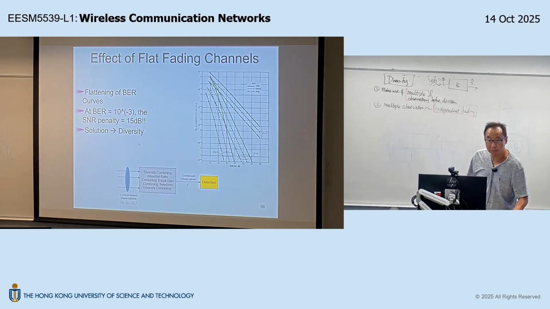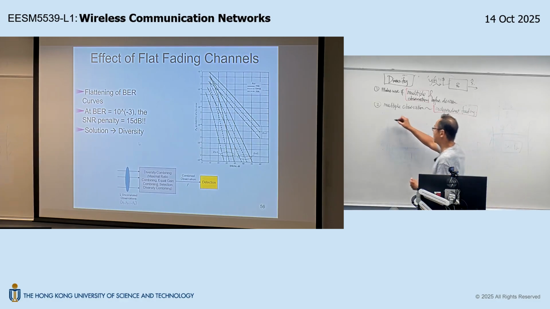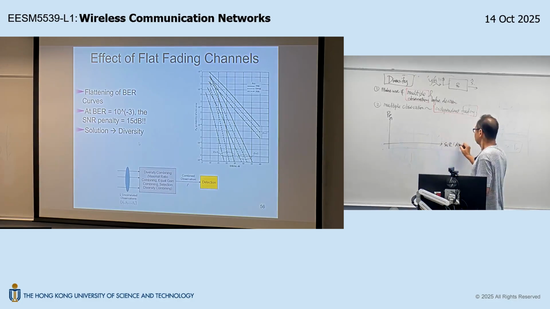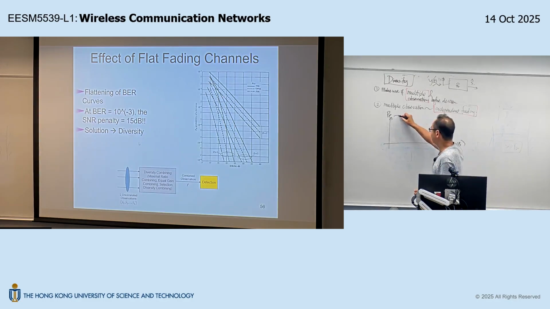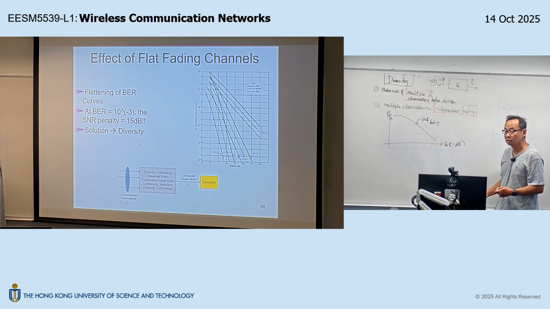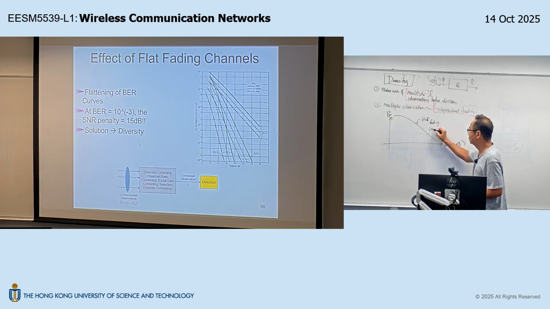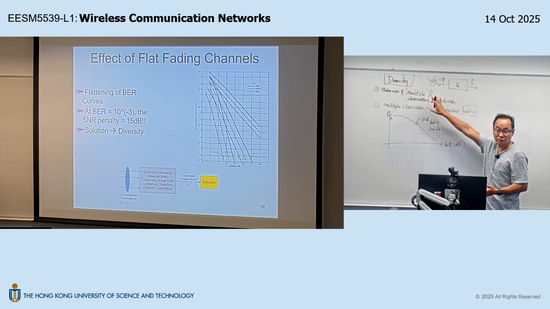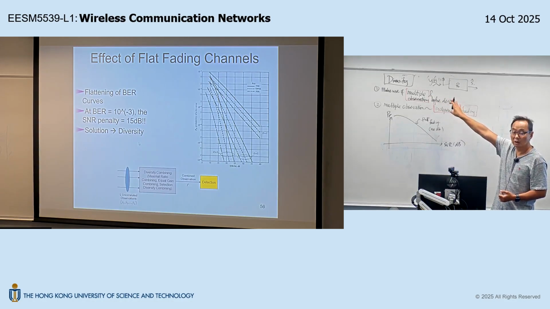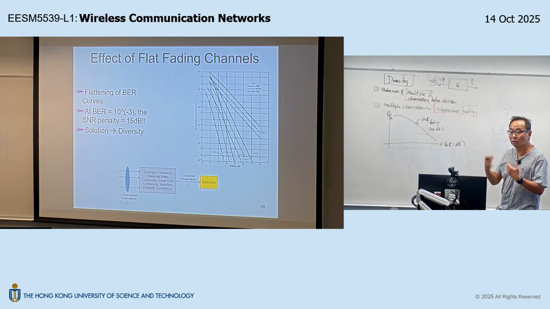Now, what is the benefit of diversity? I just mentioned the error probability curve, right? If you have flat fading, the curve will be like this. So this is under flat fading, with no diversity. Now, if you exploit two observations, and these two observations suffer from independent fading, we say that you exploit two-order diversity.